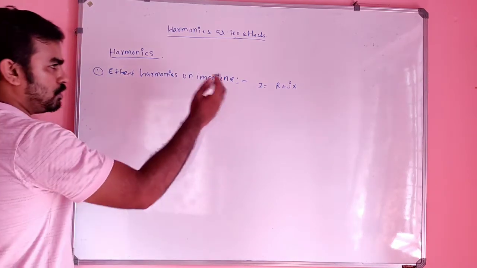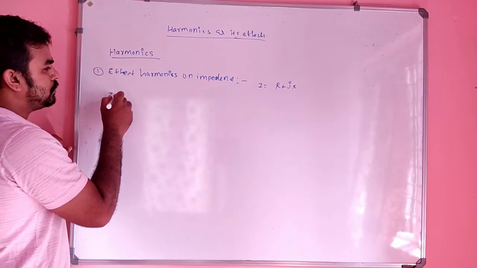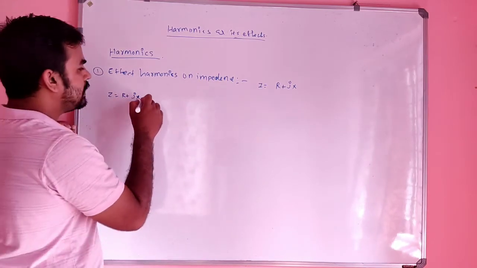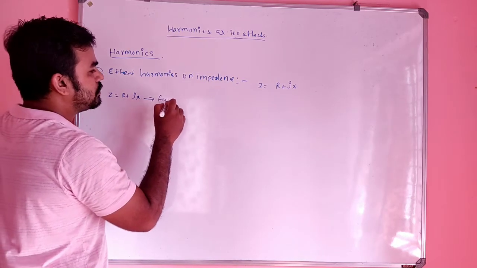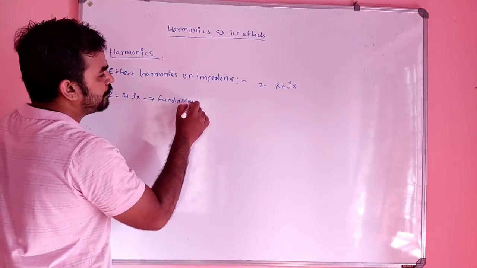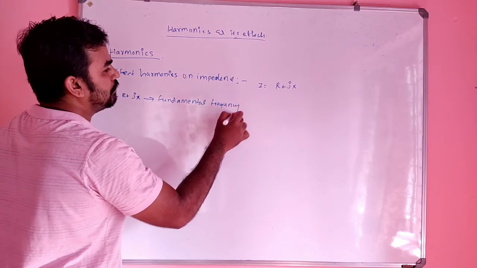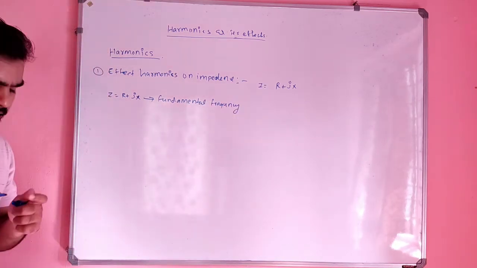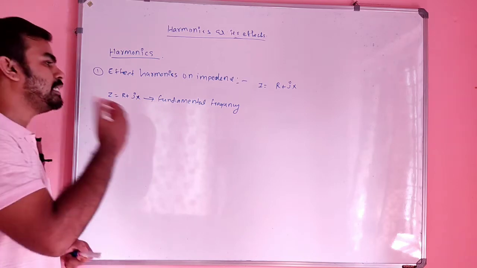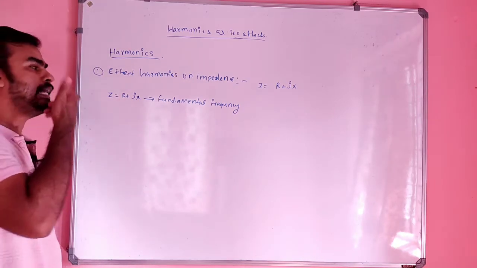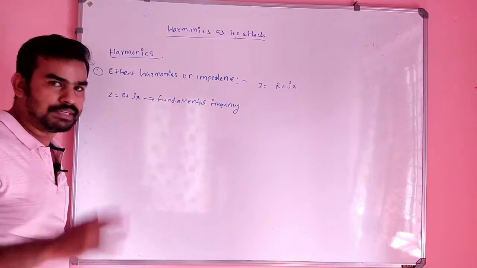This is Z equal to R plus jX for the fundamental frequency, that is, the frequency at which we designed the system and its parameters, the impedance.